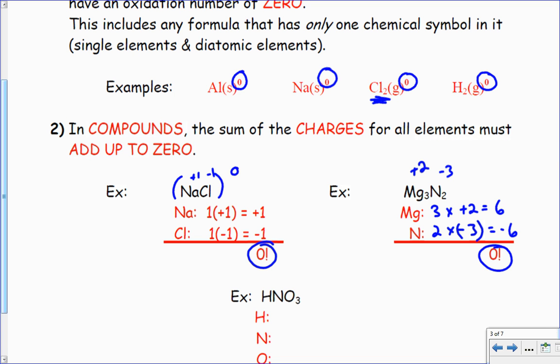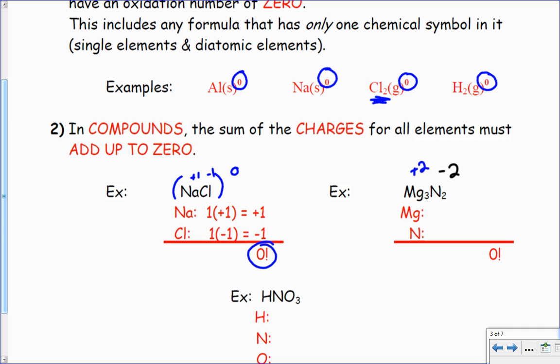Now, let me show you real quick what would happen if I chose a different number, because for nitrogen I also have a choice. I could take -2 or -1. Let me just show you what would happen if I chose one of those other numbers. Let's say I see Mg is a +2, so let me do this in black because it's wrong. Let me do N is -2, so they equal.